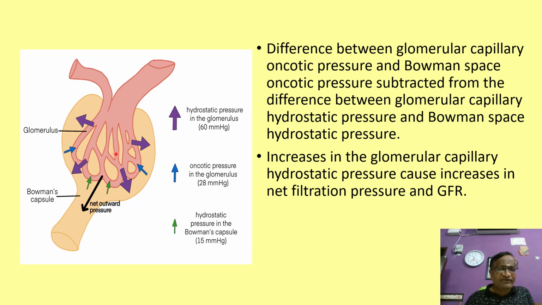Now, how is it filtered? There are basically two things. How much is pushed out from the glomerulus? That is what is called the hydrostatic pressure of the glomerulus. How much is taken in depends upon the oncotic pressure of the glomerulus. Here it is the reverse: the oncotic pressure of the Bowman's capsule.